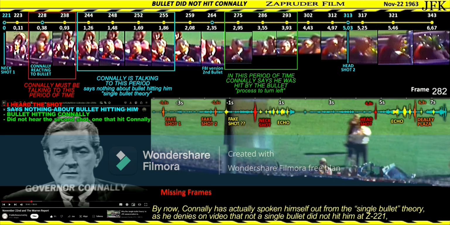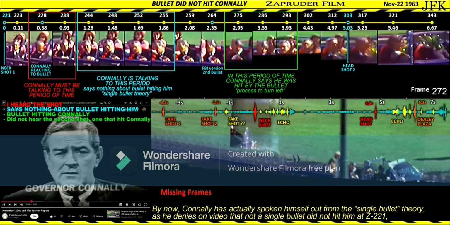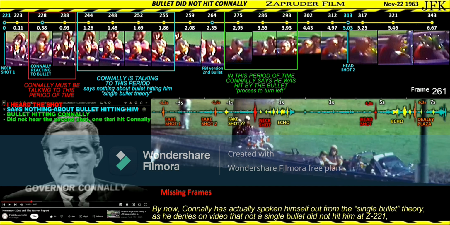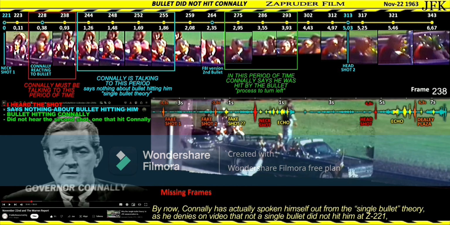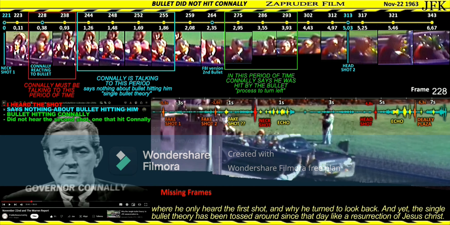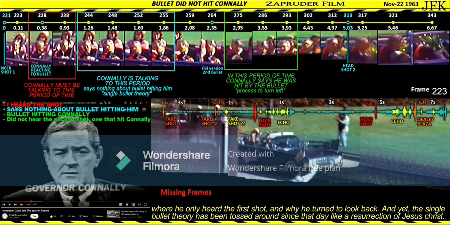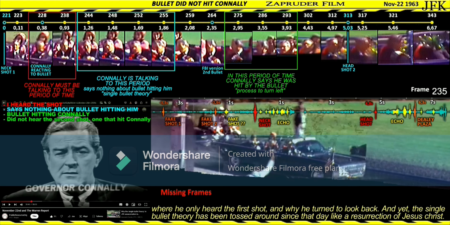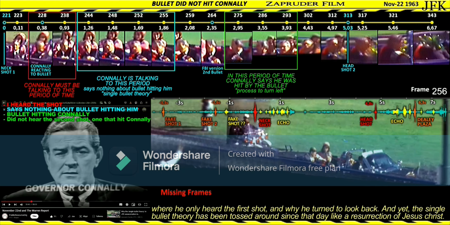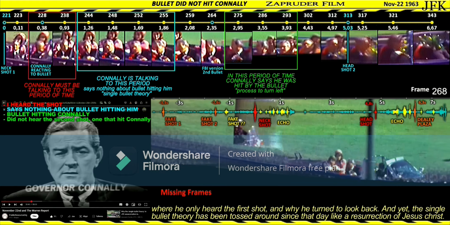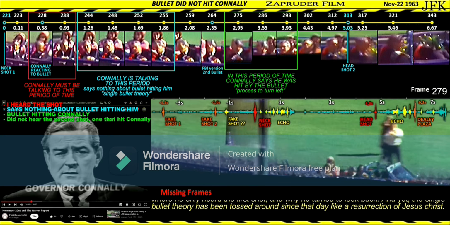By now, Connolly has actually spoken himself out from the single bullet theory, as he denies on video that a single bullet hit him at Z221, where he only heard the first shot, and why he turned to look back. And yet, the single bullet theory has been tossed around since that day like a resurrection of Jesus Christ.